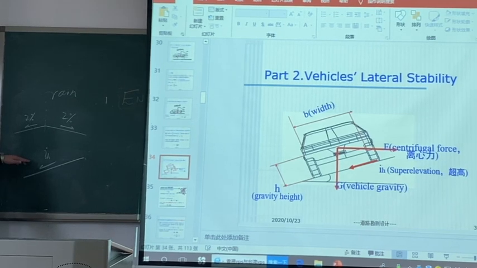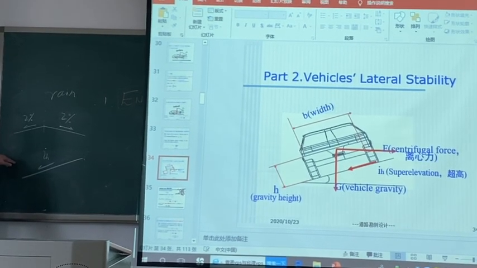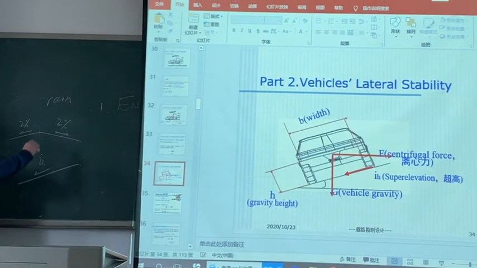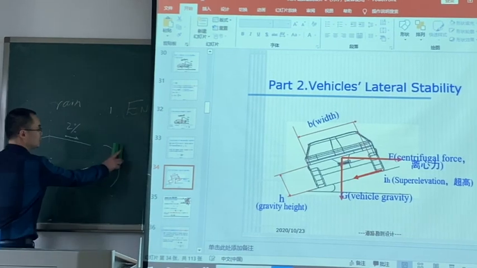This force points to the center of the circular curve. You understand?